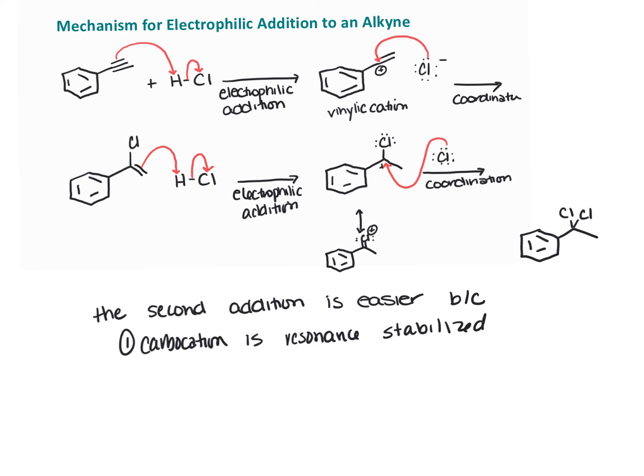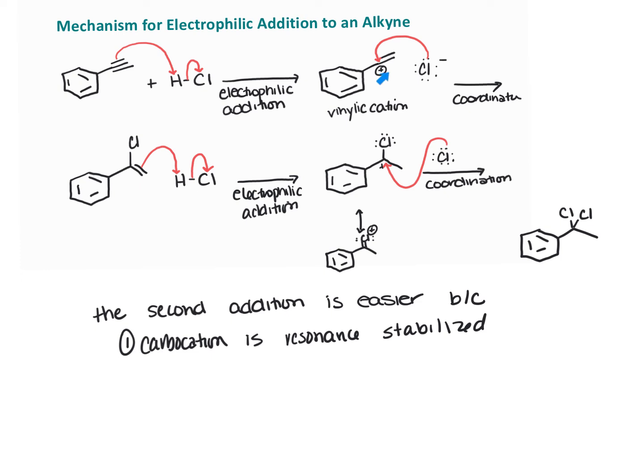Another thing is, there's an effective electronegativity difference. The alkene carbon is sp2 hybridized, so it has a lower effective electronegativity than the alkyne carbon, which is sp hybridized.